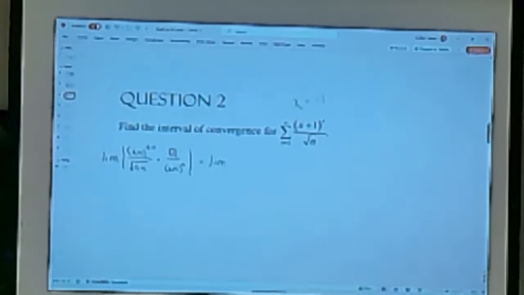Limit of the absolute value of x plus 1 times root n over root n plus 1. That x plus 1 is a constant, so take it out.